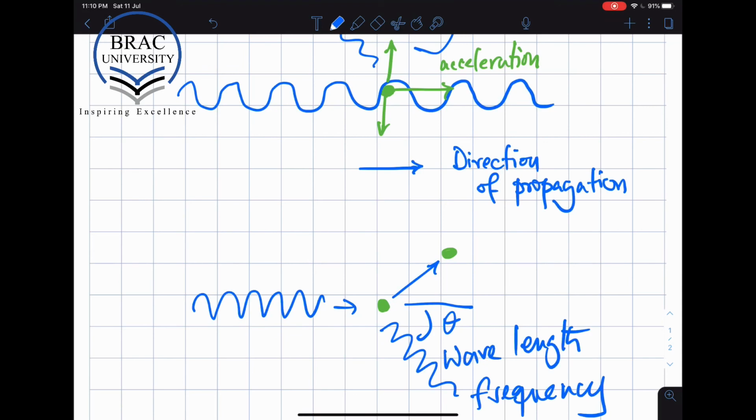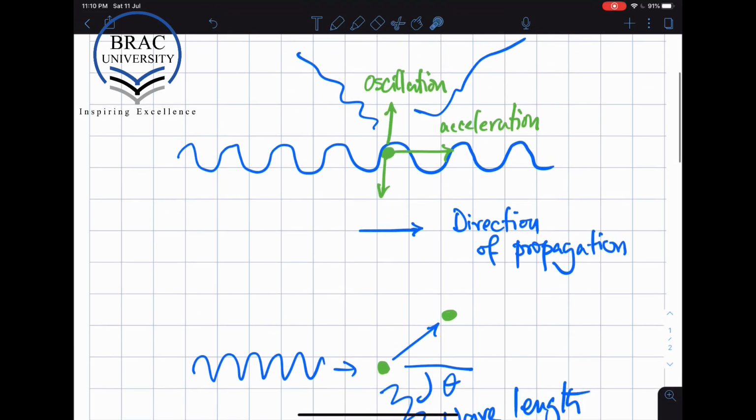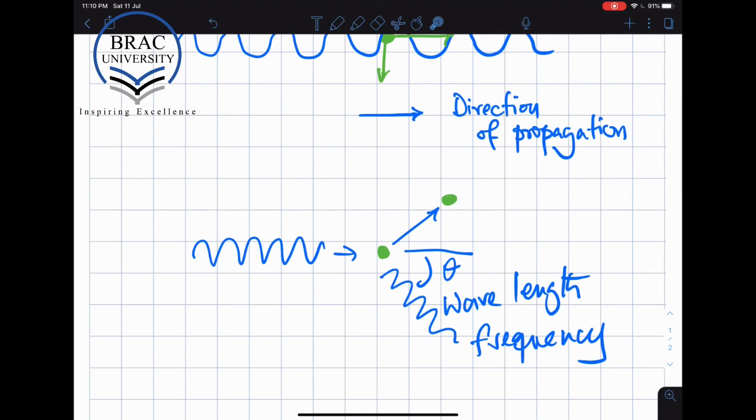So this is more reminiscent of a scattering of two particles rather than a continuous process, which is what we have described over here. So this is the way that people observed at the beginning of the 20th century how classical electromagnetic theory failed to describe the scattering of electrons and ultraviolet radiation.